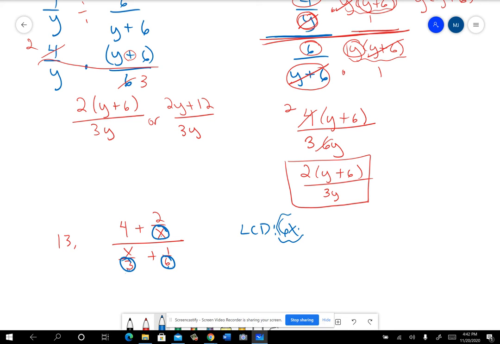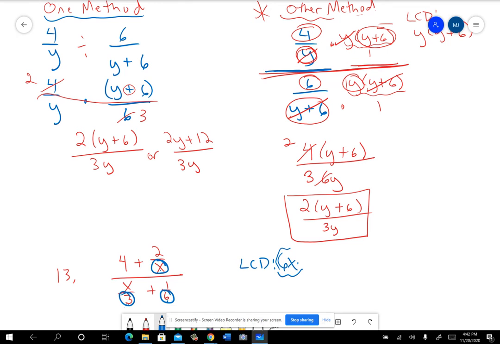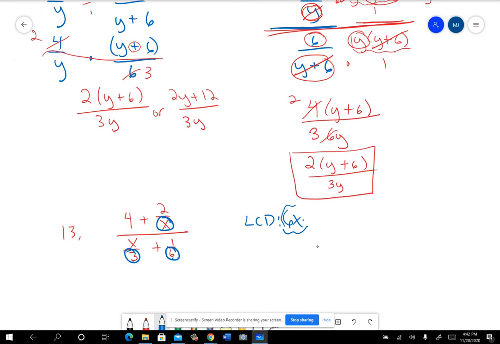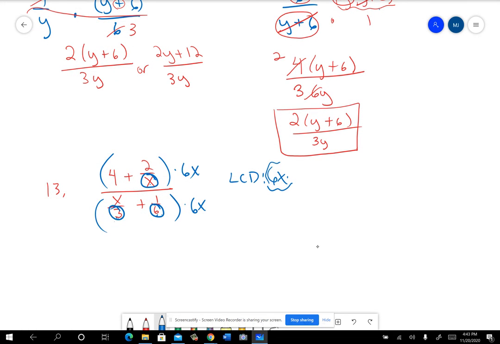So with that second method, what we did is we multiplied both the top and the bottom by that LCD. So I'm going to do that. I'm going to multiply here by 6x, and I'll multiply here by 6x. But when you do that, this LCD has to get distributed to both terms, top and bottom. So we had the 4, but then we needed to multiply it by 6x.